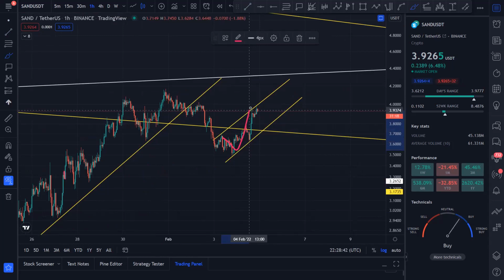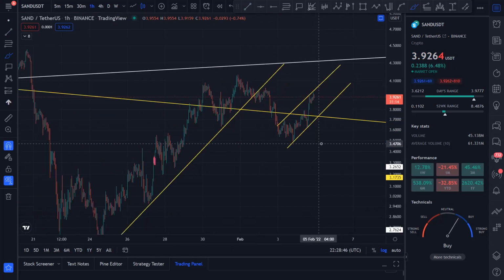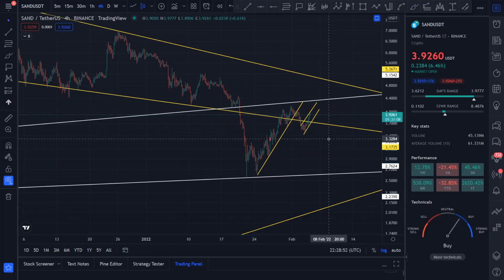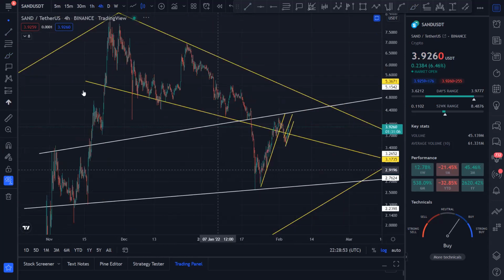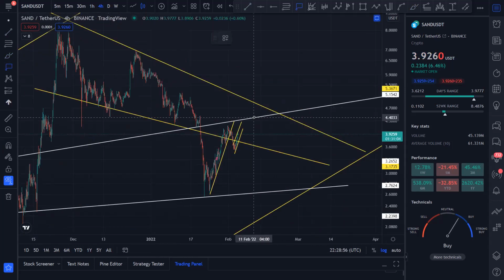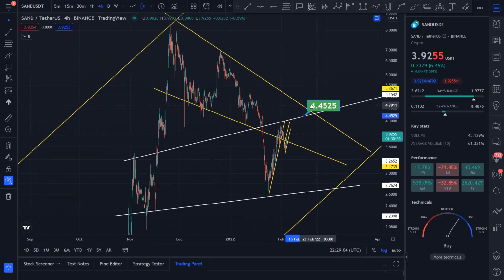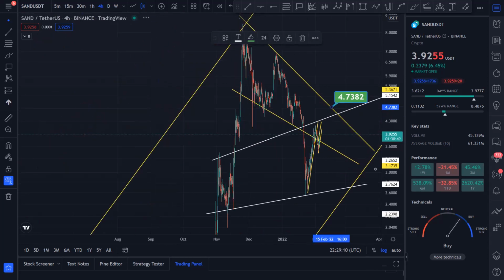1, 2, 3, 4, like that. As soon as you can break this resistance line, which is lying right over here somewhere, $4.41, or just break this point, I don't know if it's going to go there, but just break this point and then break this point, this is going to be really bullish for Sand itself.